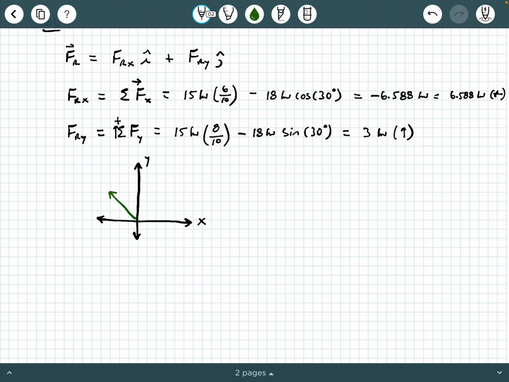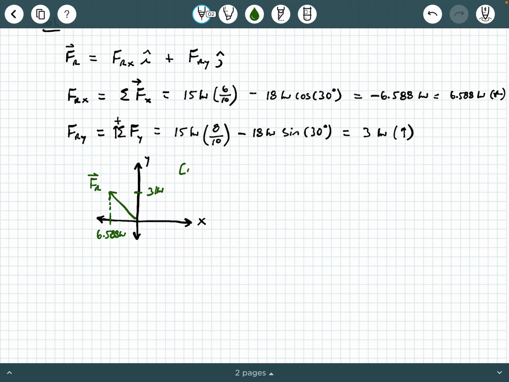That I've got a resultant force here. Now, what are the components here? Well, I've got the x component, which is that 6.588 kilonewtons pointing to the left, and I've got that y component, which is 3 kilonewtons up.